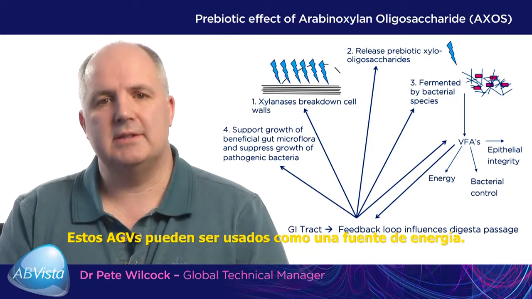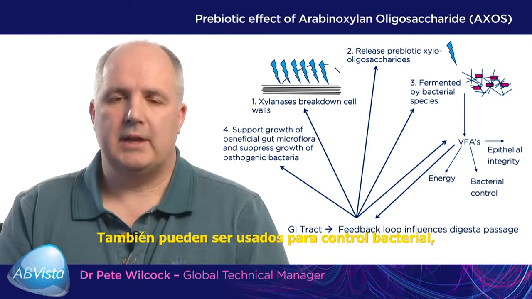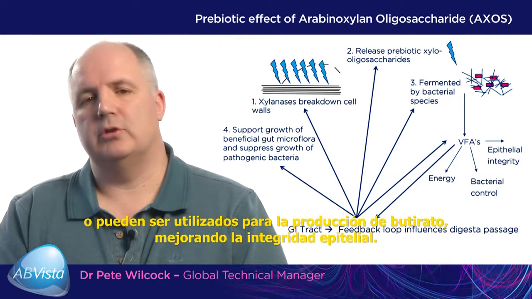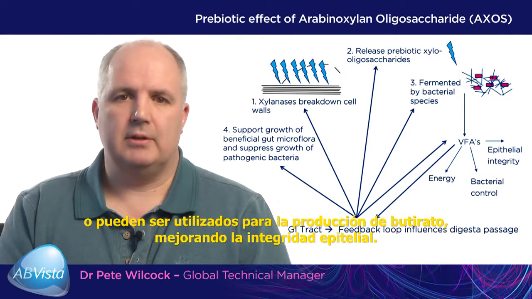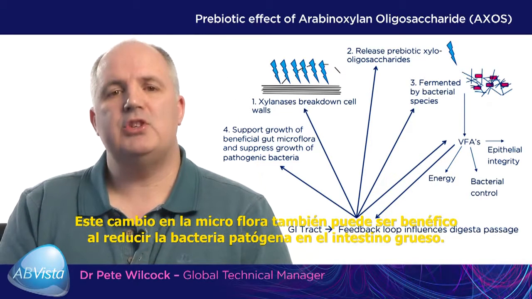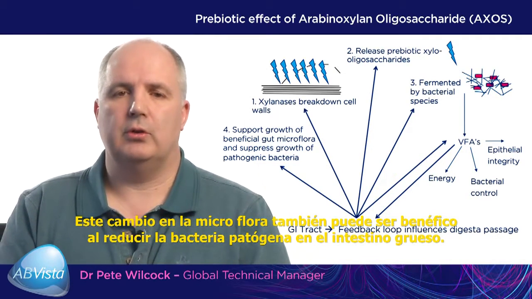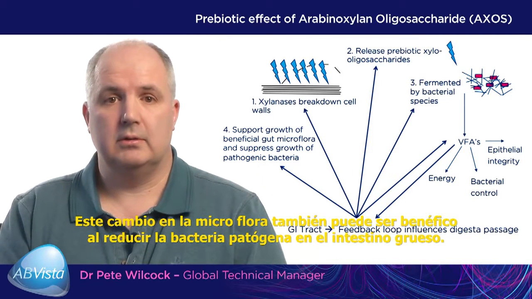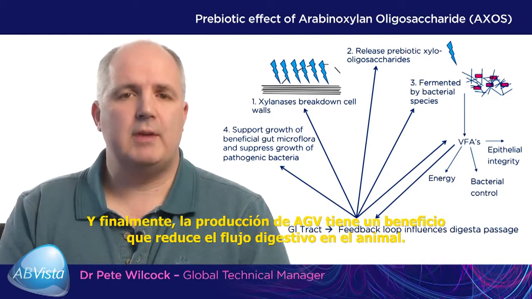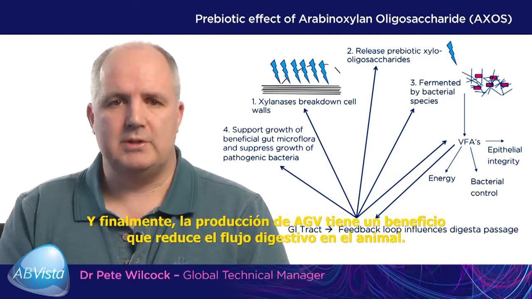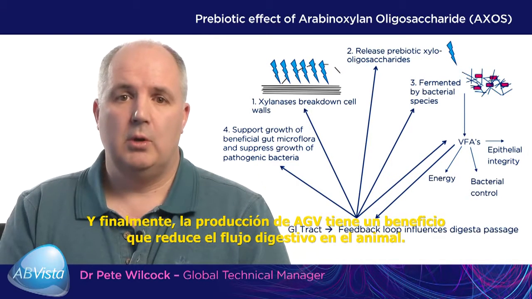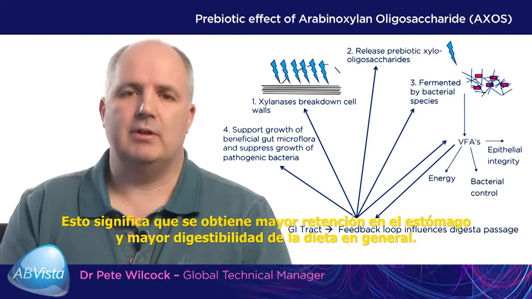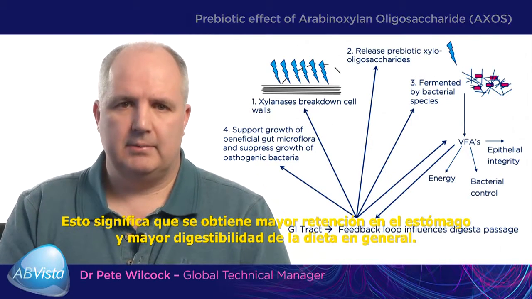These volatile fatty acids can be used as an energy source, for bacterial control, or for the production of butyrate, improving epithelial integrity. This change in microflora can also be beneficial by reducing the pathogenic bacteria within the hindgut. And finally, the VFA production has a feedback loop which reduces the digestive flow within the animal. This means that you get greater retention within the stomach and increased overall diet digestibility.